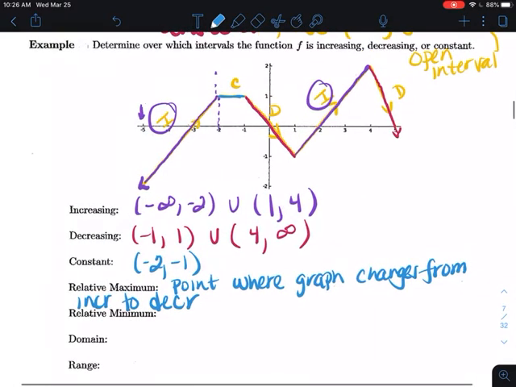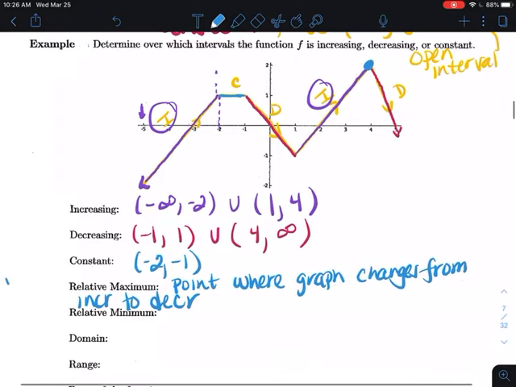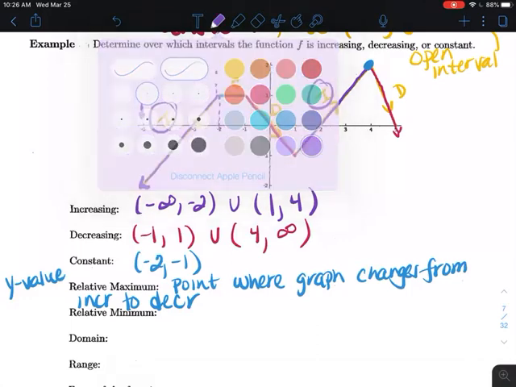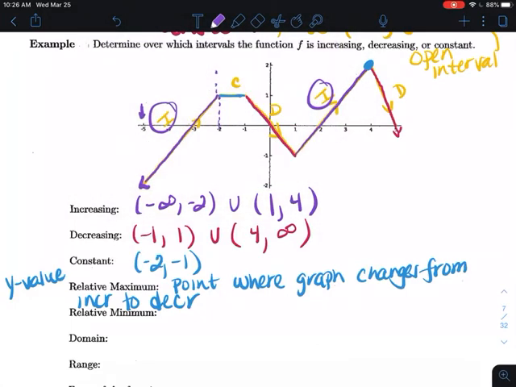There's only one point where I see that happens, and that's here at x equals 4. So that's considered to be a relative maximum. The actual relative maximum value, we use y values. The way that we say it is that the relative max is 4.